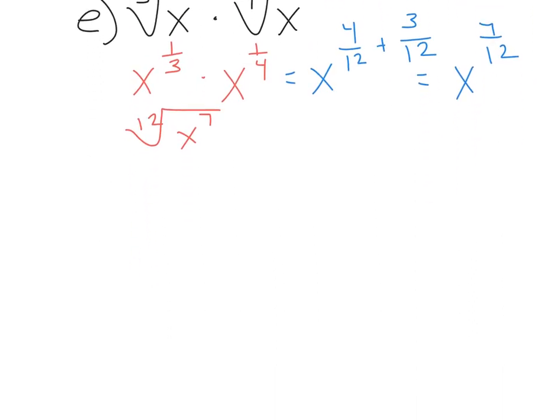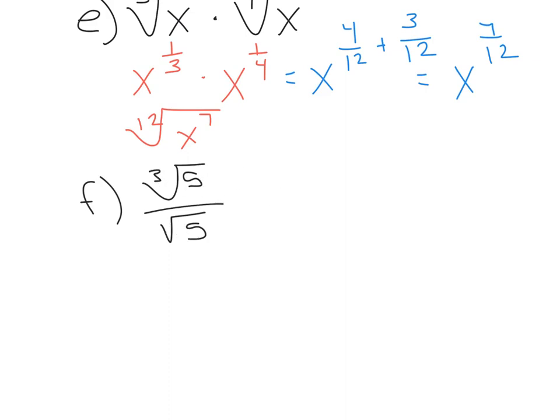At the top of the next page, we have example F. The cubed root of 5 divided by the square root of 5. And it turns out, same thing here, you can't divide if the indexes are different.